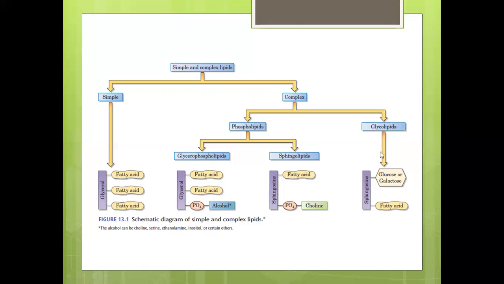So again, in the structure of glycolipids, you don't see phosphate, and you don't see glycerol either. You see glycerol in the phospholipids, in the glycerophospholipids. They are called glycerophospholipids because there is a glycerol in the phospholipid structure. So I want you to know the difference between the simple and the complex phospholipids.